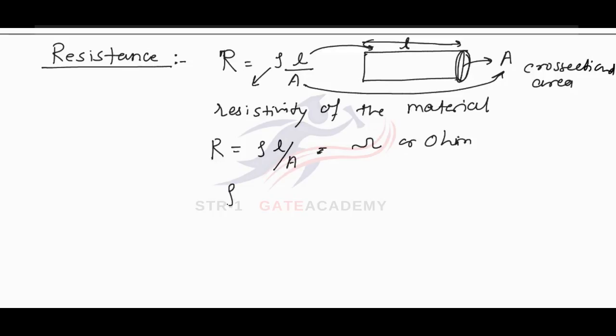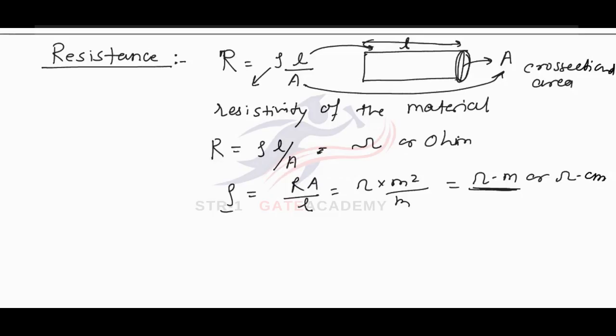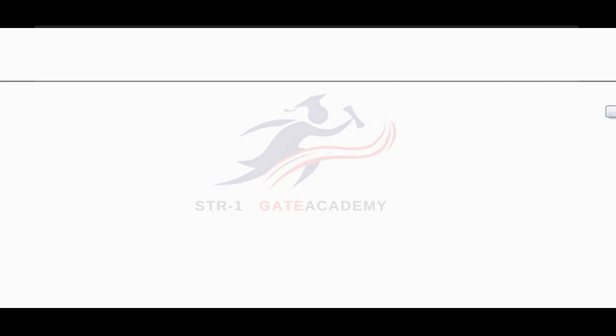So I can write from here resistivity rho equal to R into A by L. Means ohm into meter square by meter equal to ohm meter. From here I can define the unit of resistivity equal to ohm meter or ohm centimeter.